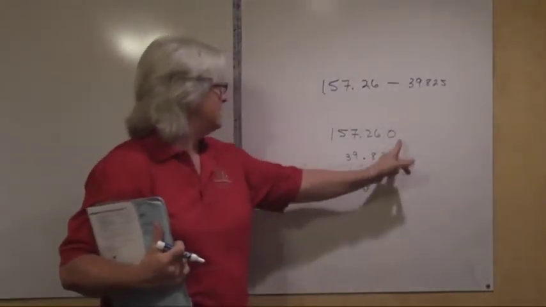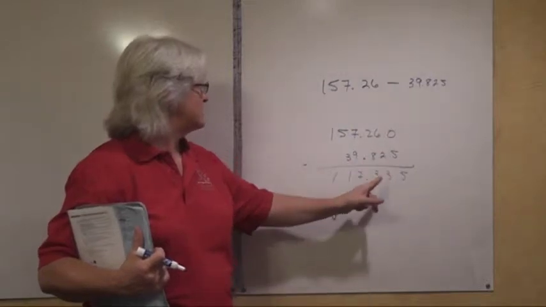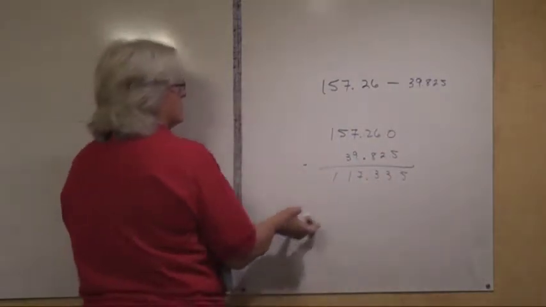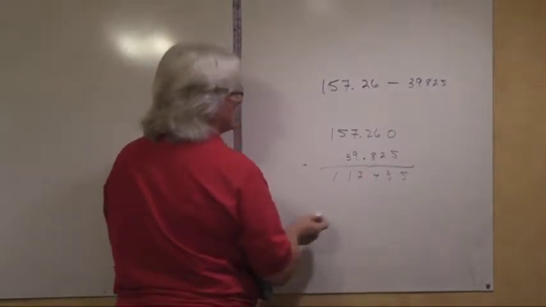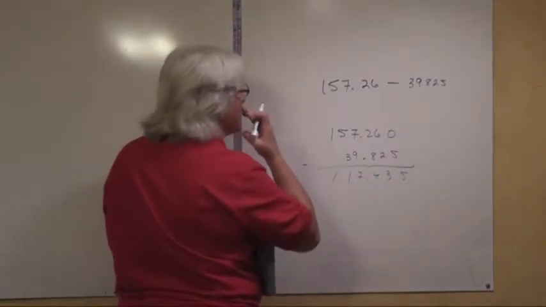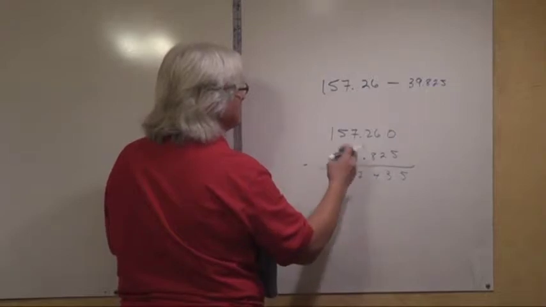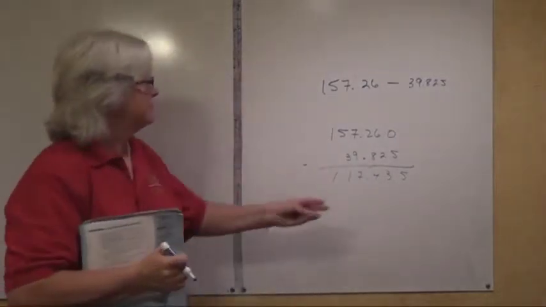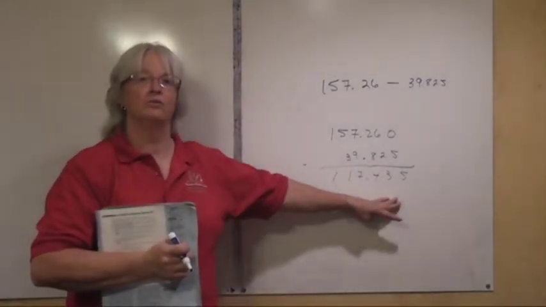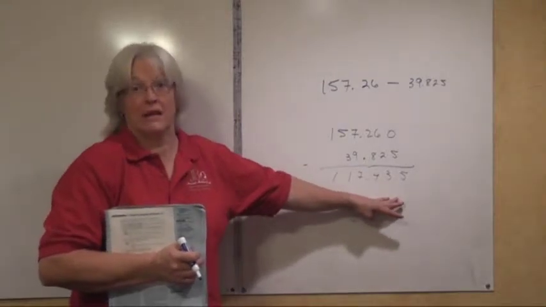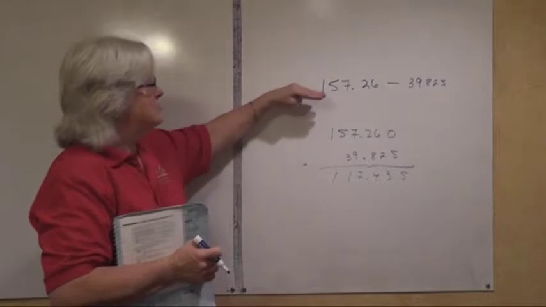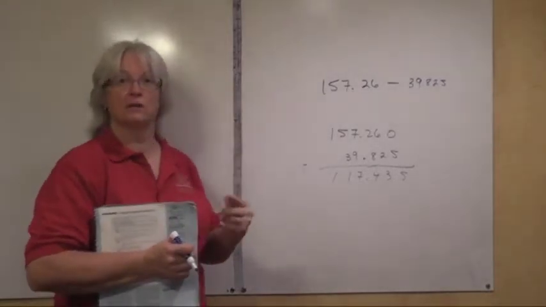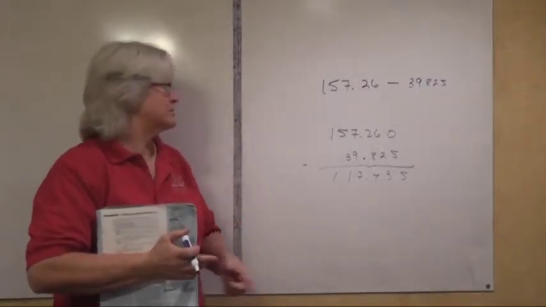5 plus 5 is 10. 5, 6. Nope, I didn't. 7, 5, and 1. See, you can get going too fast. Oh, it doesn't take any time at all to go back and check your arithmetic. So you simply, when you're adding or subtracting decimals, remember to line up the decimals.